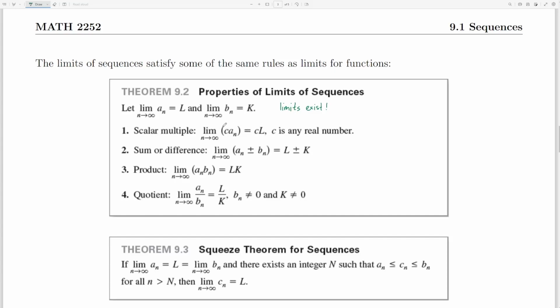If you rewrite this in terms of the limit, as the limit as n goes to infinity of c times a sub n, according to this theorem that is equal to c times L, where L is the limit of a sub n as n goes to infinity.